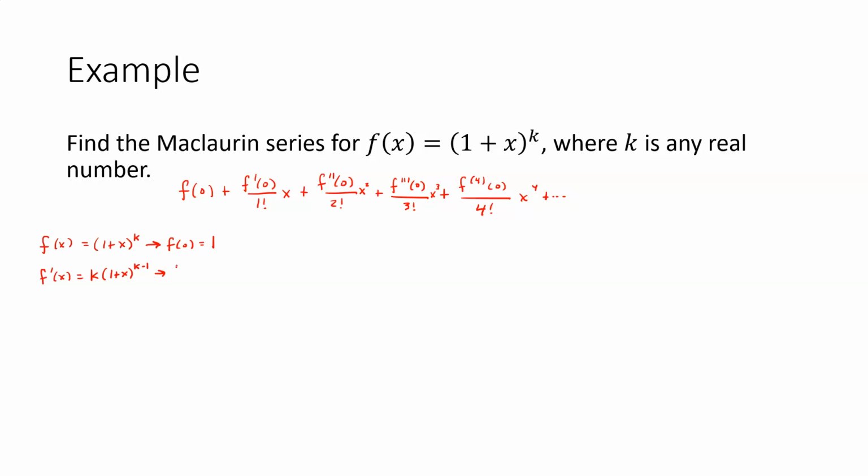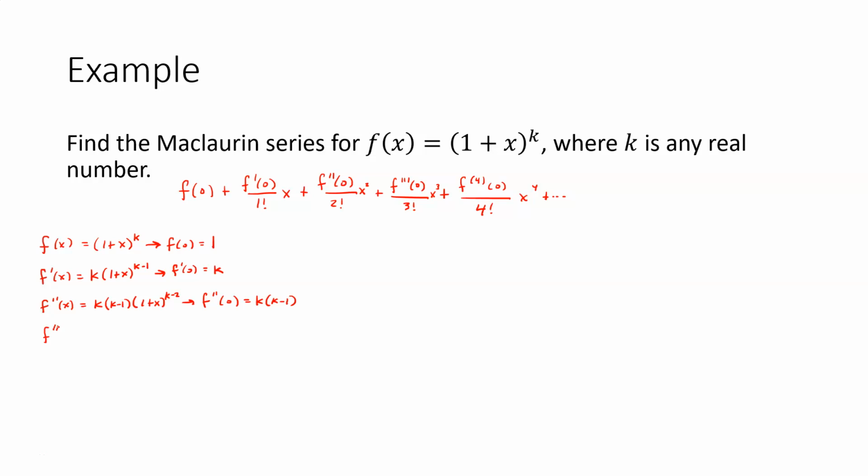And evaluating f prime of 0 would give me k. When I take the second derivative, I get k times k minus 1 times 1 plus x to the k minus 2. And so the second derivative at 0 would just be k times k minus 1.